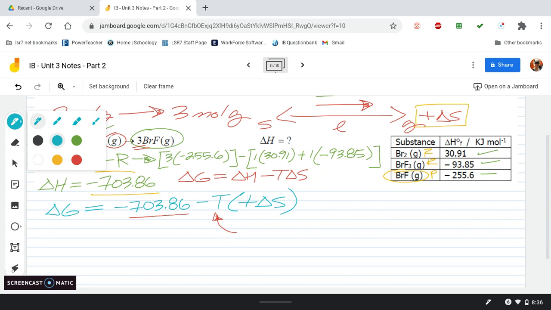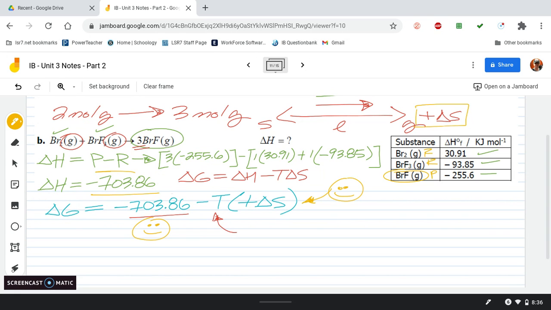We talked about this before. Chemical reactions like to give off heat, so they are negative delta H's, so this is very good. And they also like randomness, which means a plus randomness, more disorder, and that's what we have here. So actually this equation has 2 things that chemistry likes.